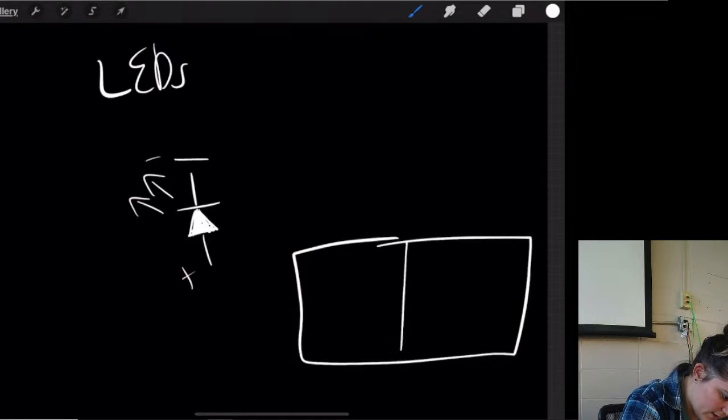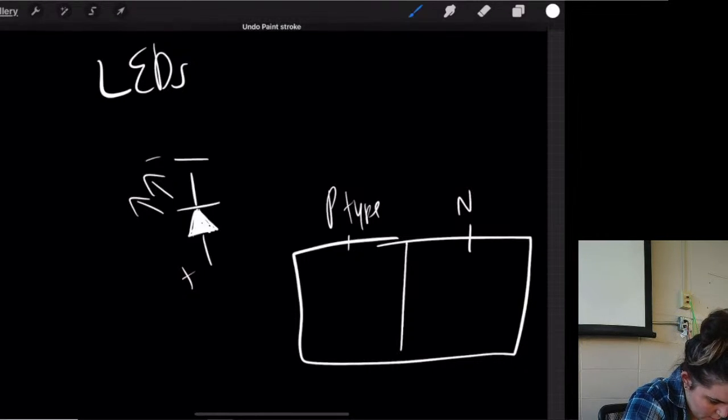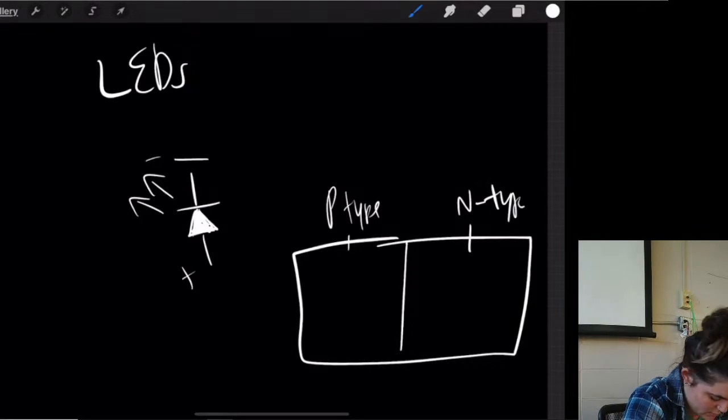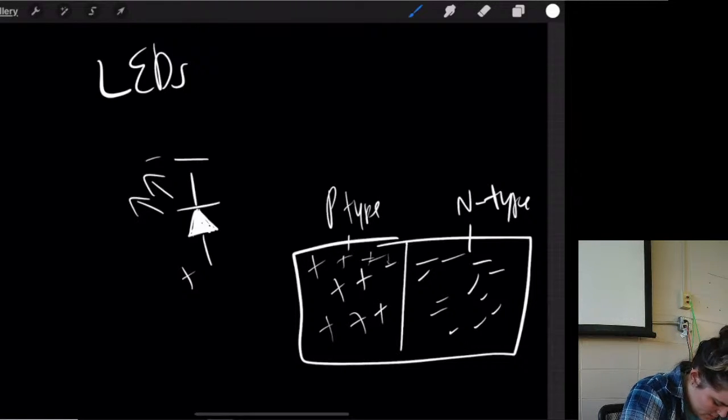You've got P-type material over here, and N-type material over here. There are going to be negatives all over here, and positives all over here. And this is what you would call your depletion region.